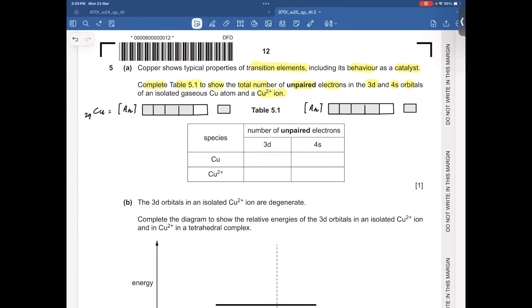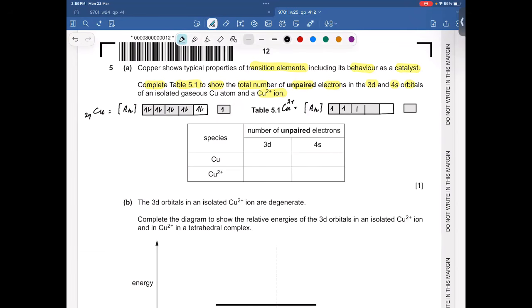Okay. So for copper metal, 4s contains 1 electron and 3d contains 10. If you remember, for copper 2 ions, 2 electrons have been lost, which means 1 electron is lost from the 4s orbital and 1 electron is lost from the 3d orbital. So 3d orbital contains only 9 electrons.